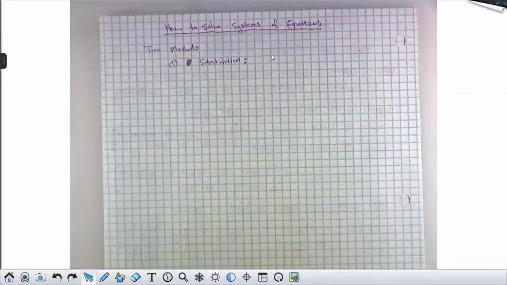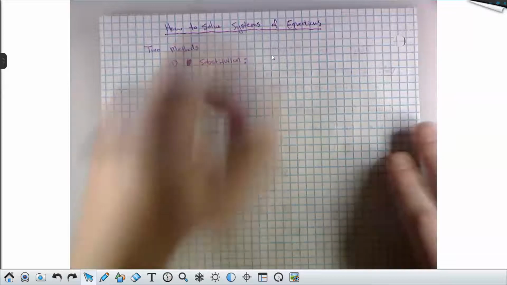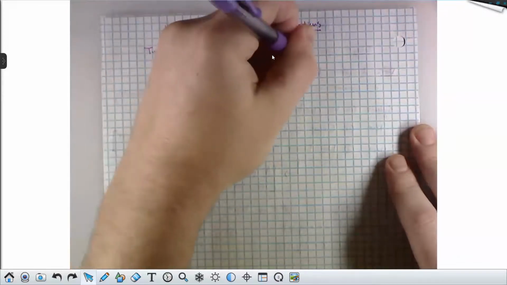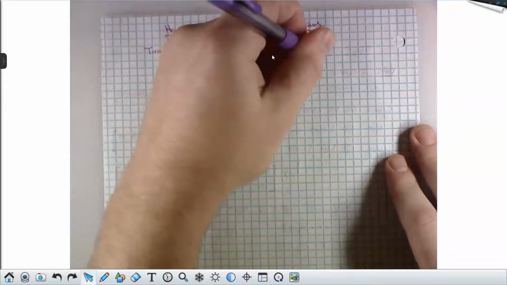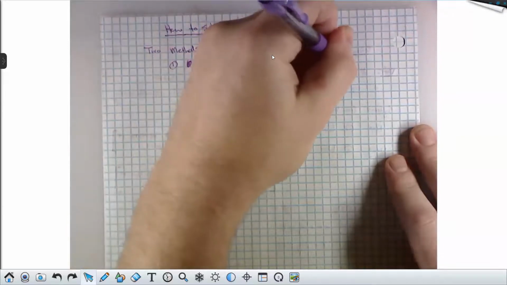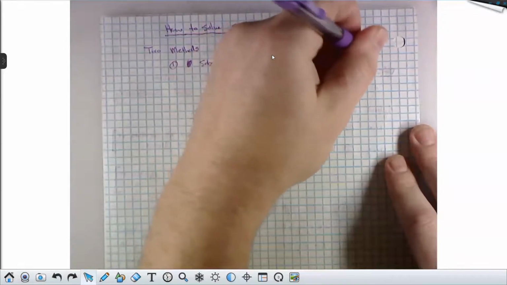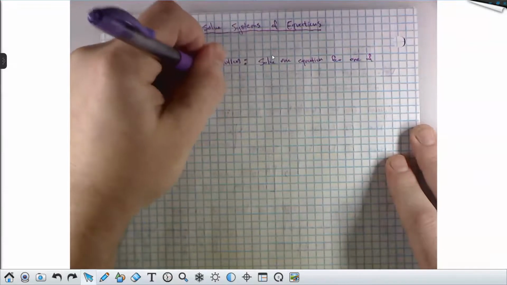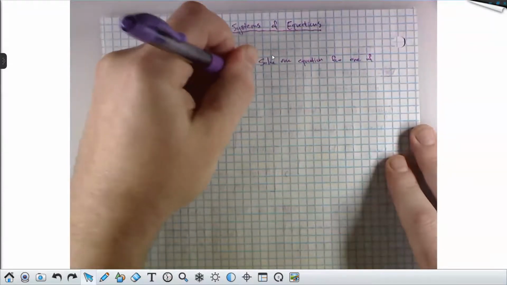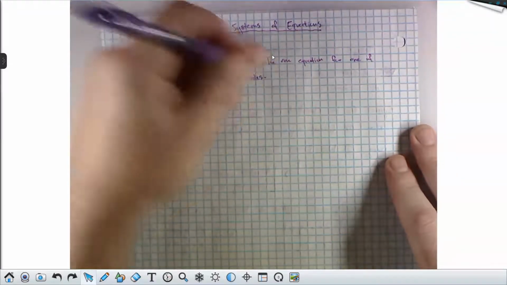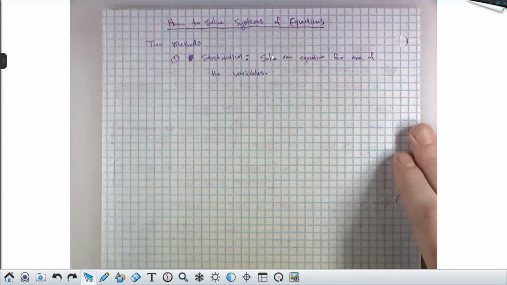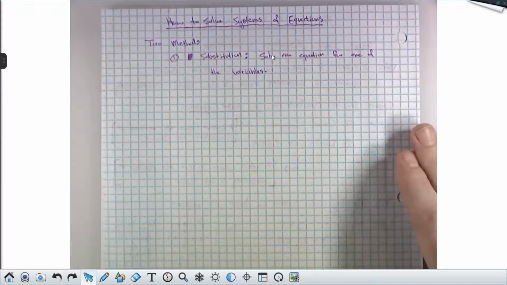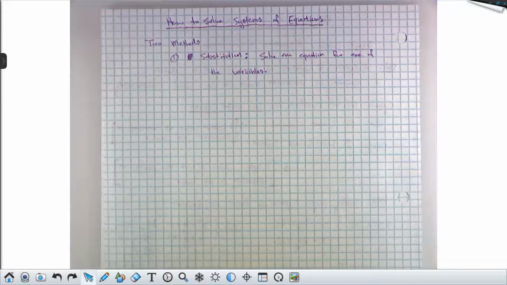To solve a system by substitution, you first solve one equation for one of the variables. You choose the variable you want to solve for. So you pick an equation, you pick a variable, and you solve that equation for that variable.